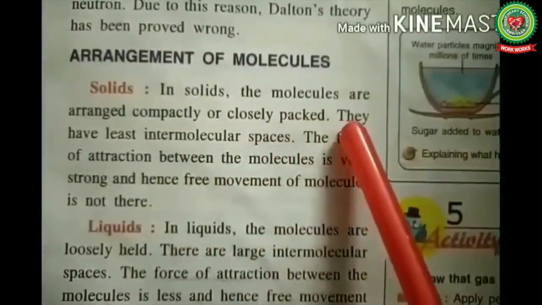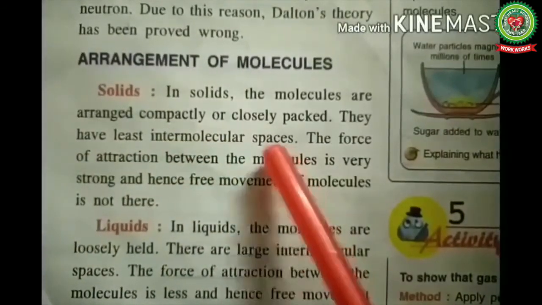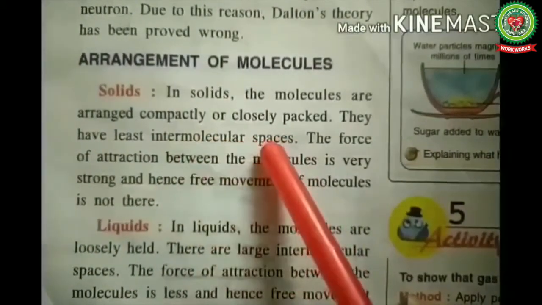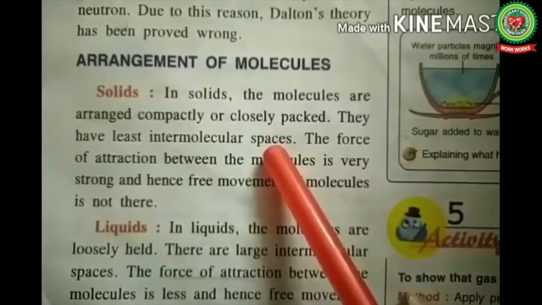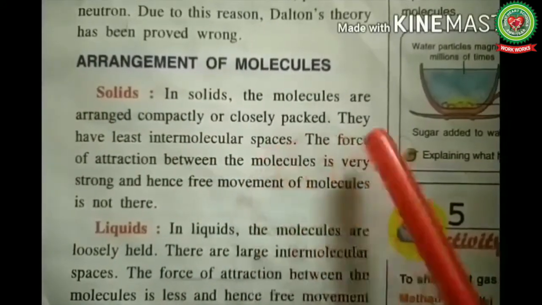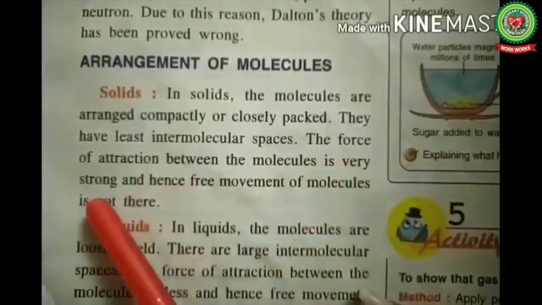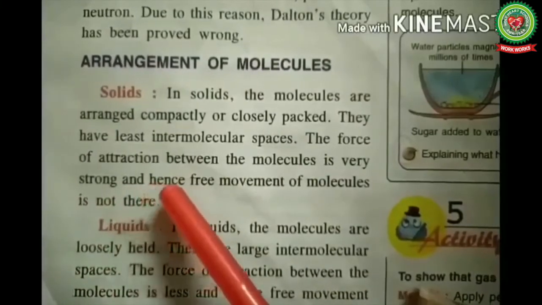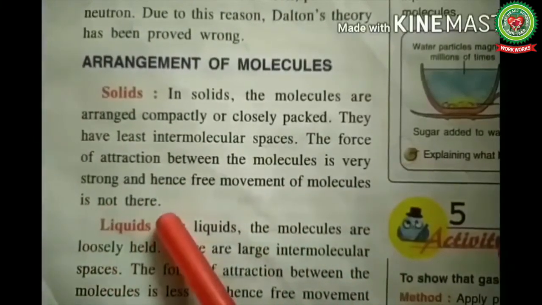Second line is, they have least intermolecular spaces. As we have discussed in the last topic, intermolecular space is space between two molecules. The force of attraction between the molecules is very strong, and hence free movement of molecules is not there.